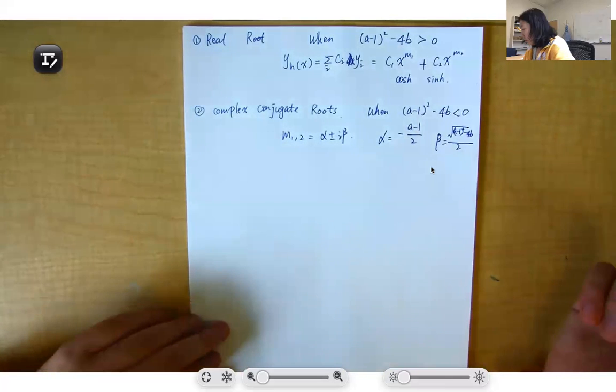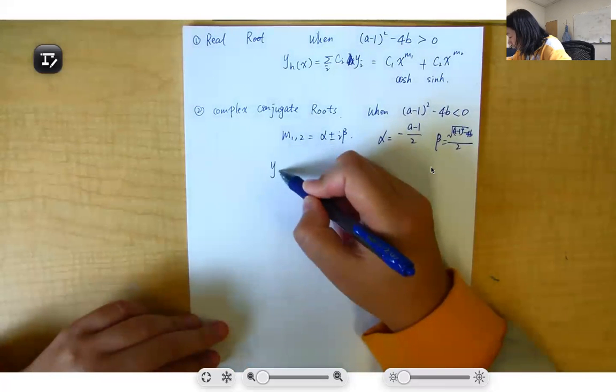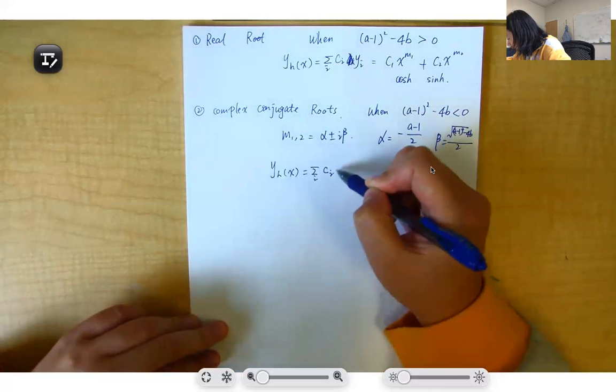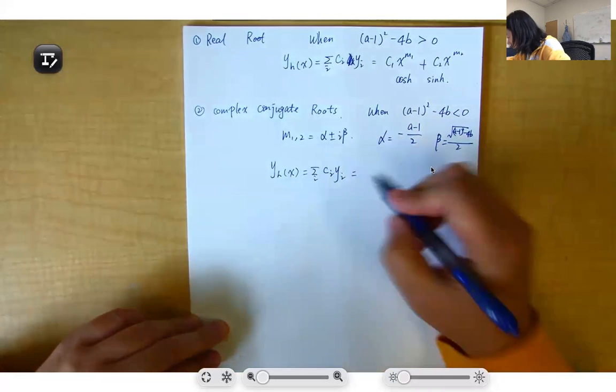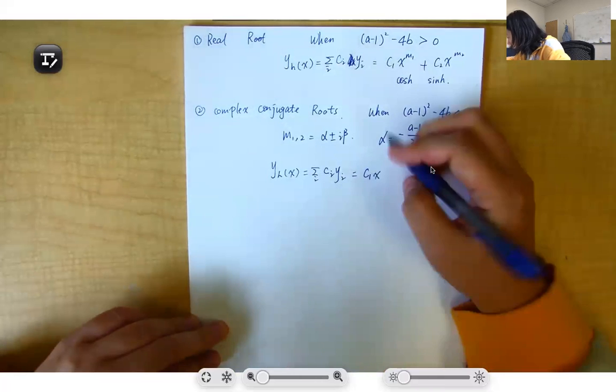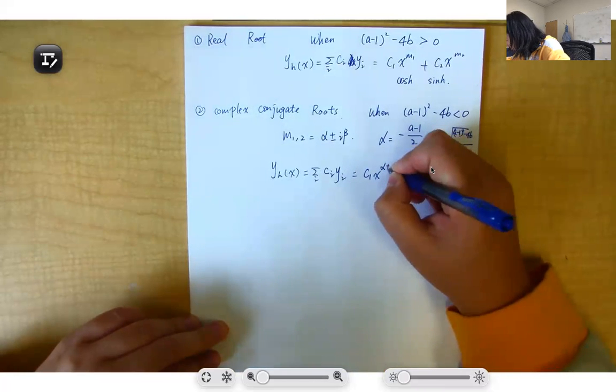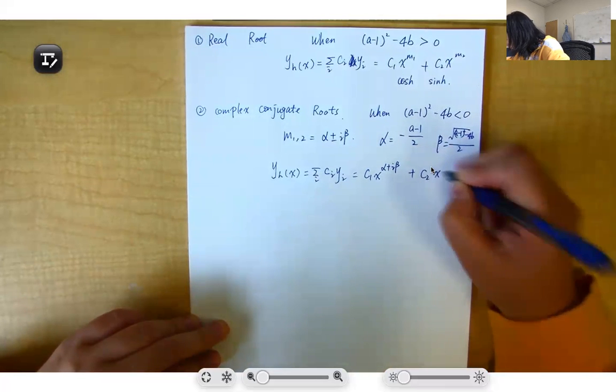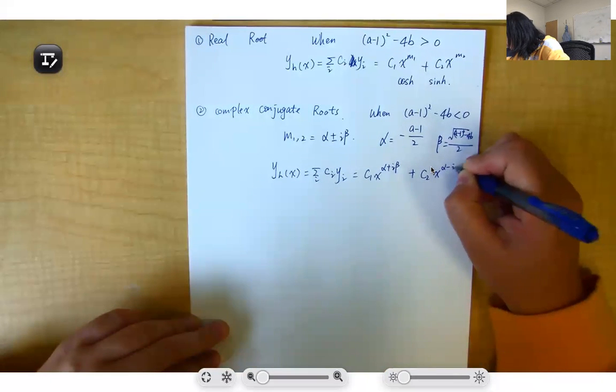So that later on you can write y h of x as a linear combination of each independent root, which will be c1 x to the alpha plus i beta, plus c2 x to the alpha minus i beta.